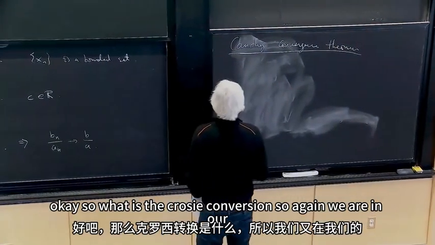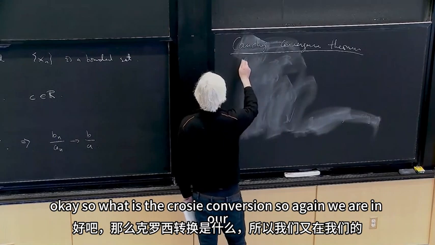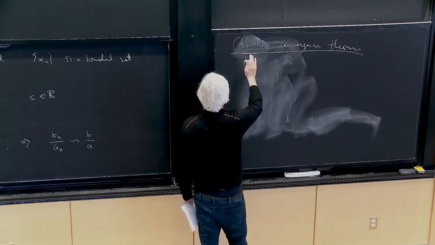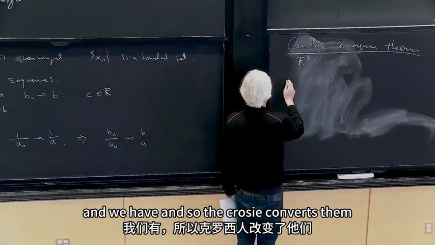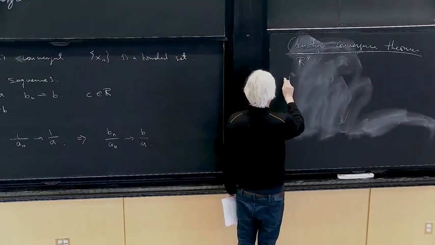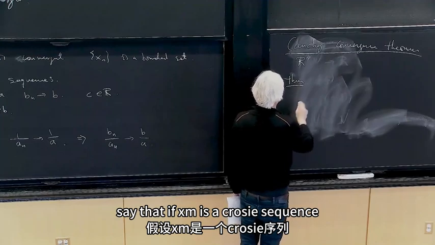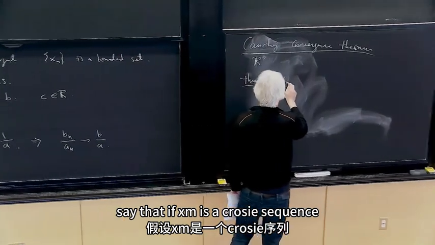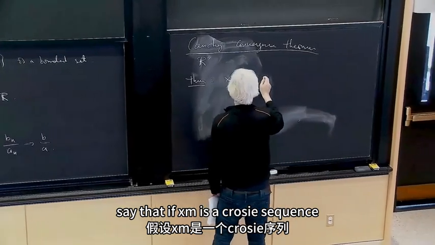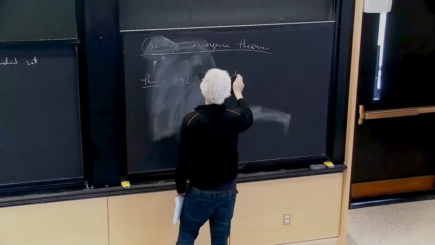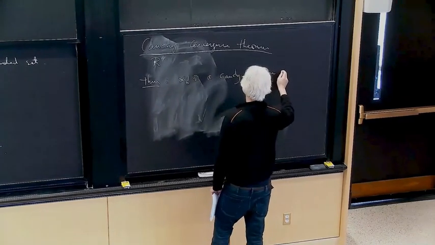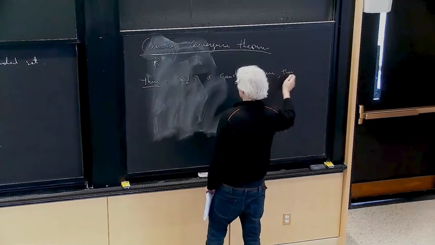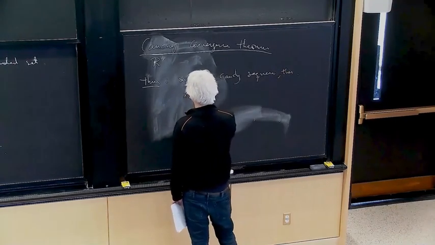Okay, so what is the Cauchy convergence theorem? Again, we are in R, and the Cauchy convergence theorem says that if Xn is a Cauchy sequence, then Xn is convergent.